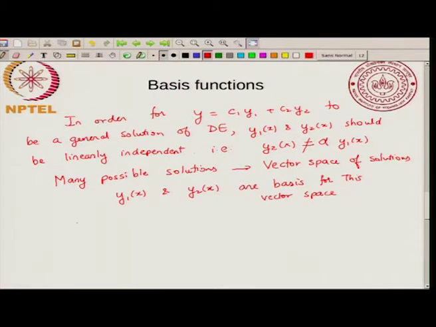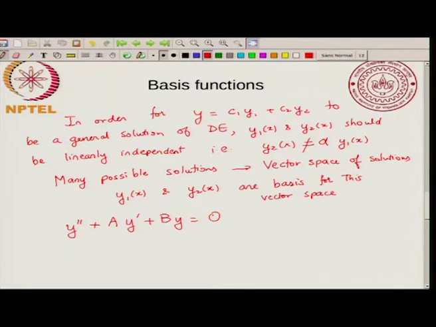Just to show you again, we had the differential equation y double prime plus a times y prime plus b times y equal to 0, a homogeneous linear second order differential equation, and a and b are functions of x.